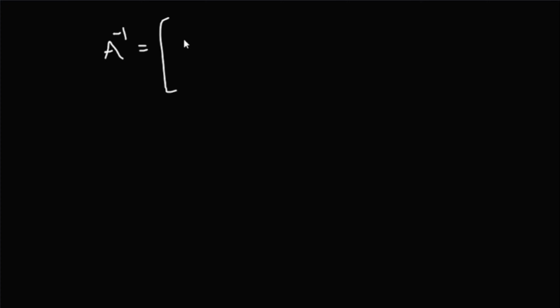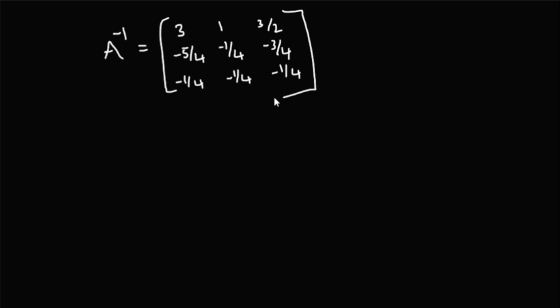The answer is 3, 1, 3 by 2, minus 5 by 4, minus 1 by 4, minus 3 by 4, minus 1 by 4, minus 1 by 4, and minus 1 by 4. So this is the answer.